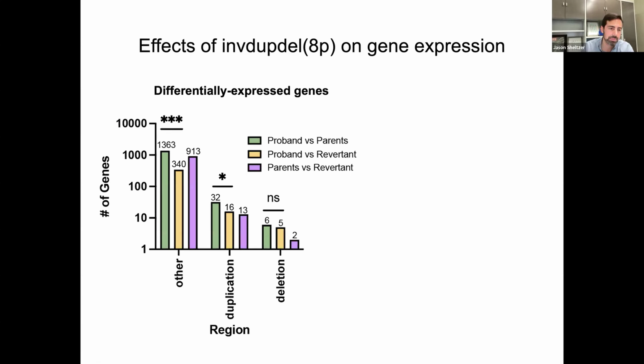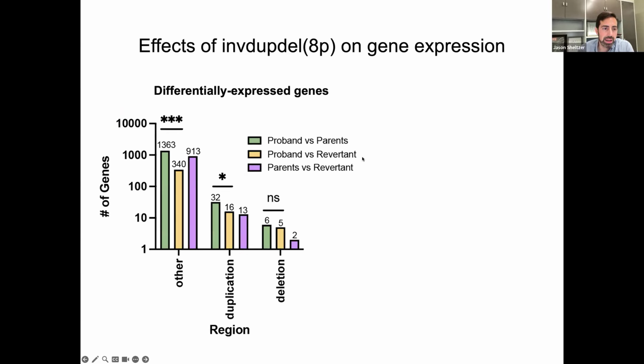So we started out by just doing RNA sequencing on the cells with the 8p rearrangement and on the cells where we had eliminated the 8p rearrangement. And we also had cells that were provided by the parents of the individual, the 8p hero as well, that we also did RNA sequencing on.